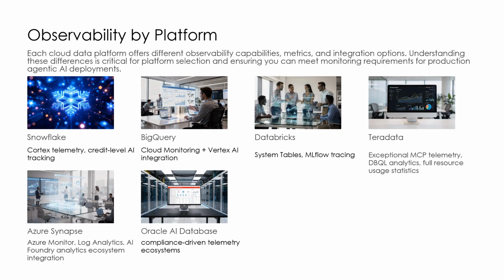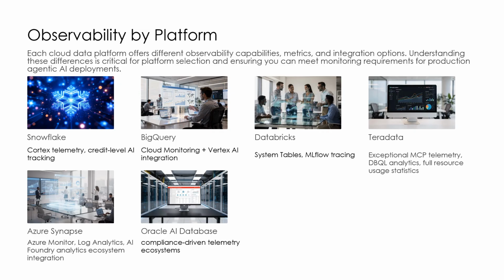Cloud data platforms are used as a base for agentic AI infrastructure. And each of these platforms can support agentic AI service level goals, but with very different cost. They also expose very different types of measurement data.